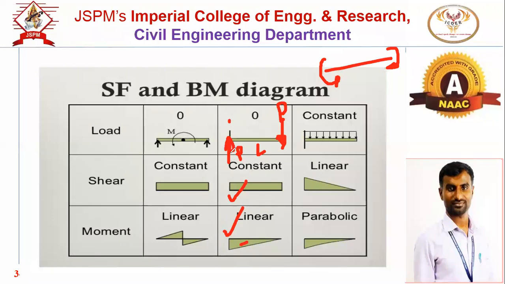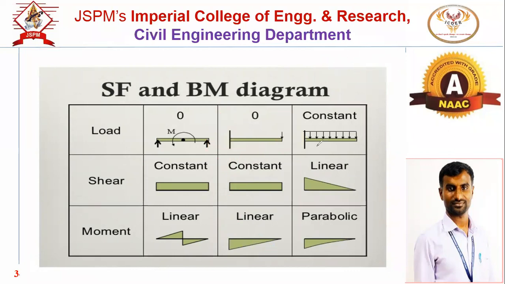At the fixed end, we will have three constraints: vertical reaction, horizontal reaction, and the moment. Horizontal reaction is zero as no horizontal force is acting. So what is the value of the moment? PL, yes, P into L. This negative, anti-clockwise moment will be PL. This will be a triangle.